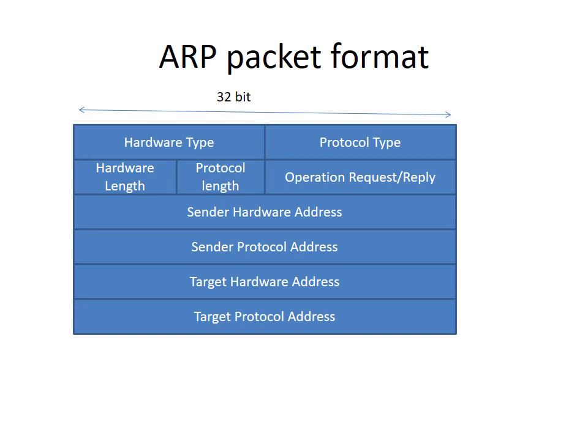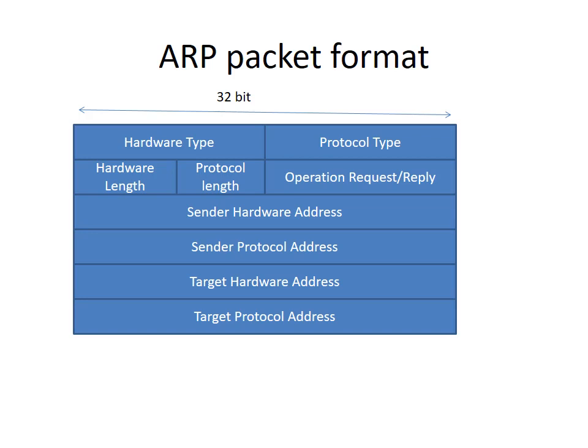The fourth one is the protocol length. If we use the IPv4 protocol, the protocol length will be 32-bit. If we use the IPv6 protocol, it will be 128-bit. The next field is operation, whether we are doing a request operation or a reply operation.